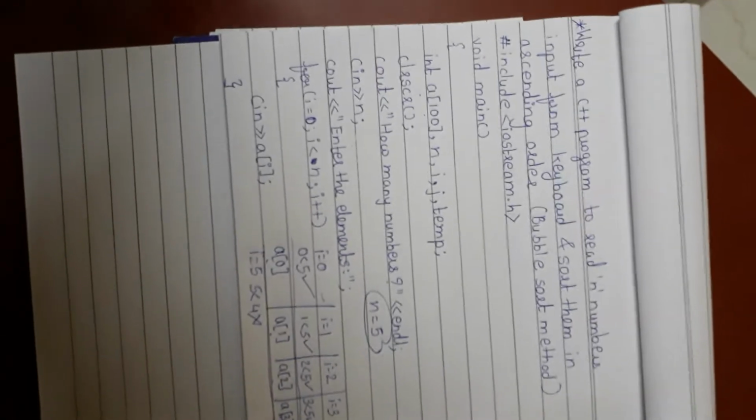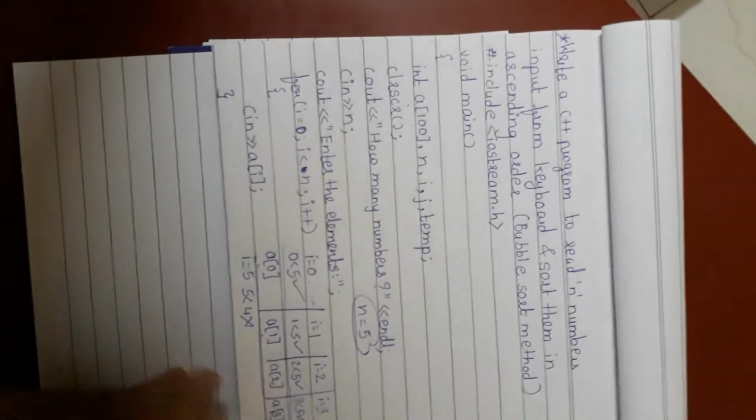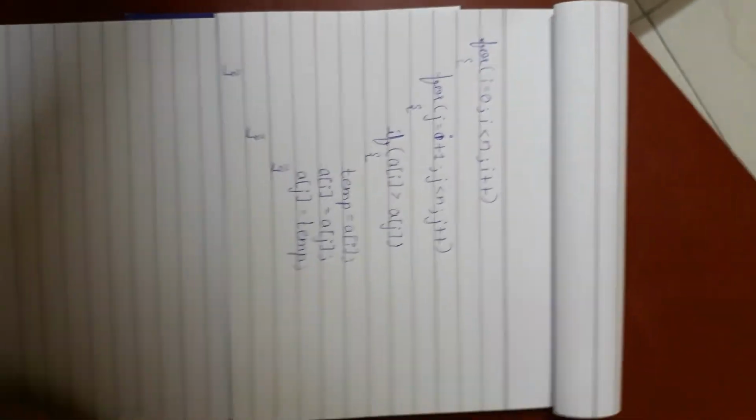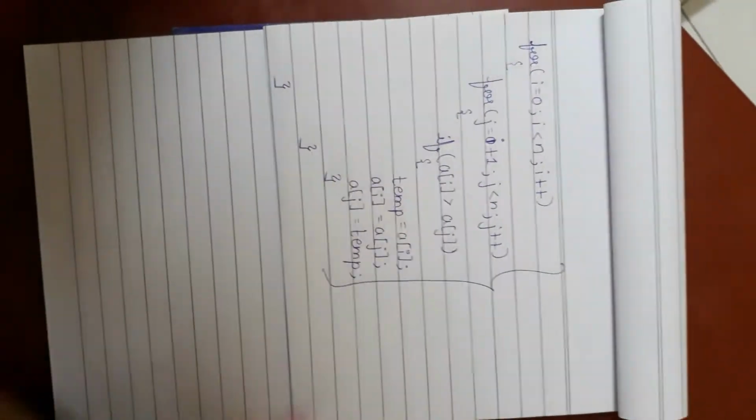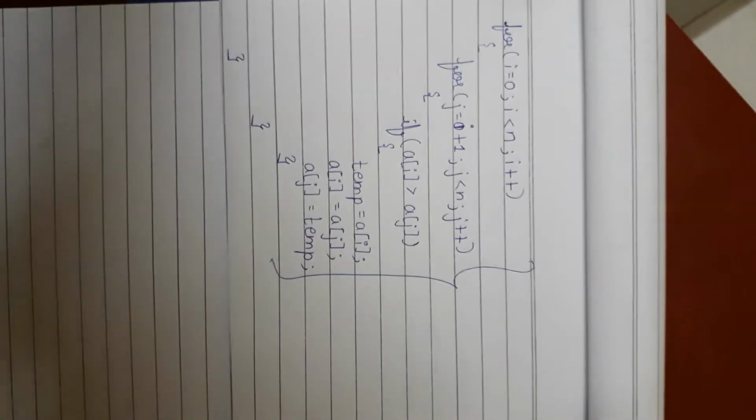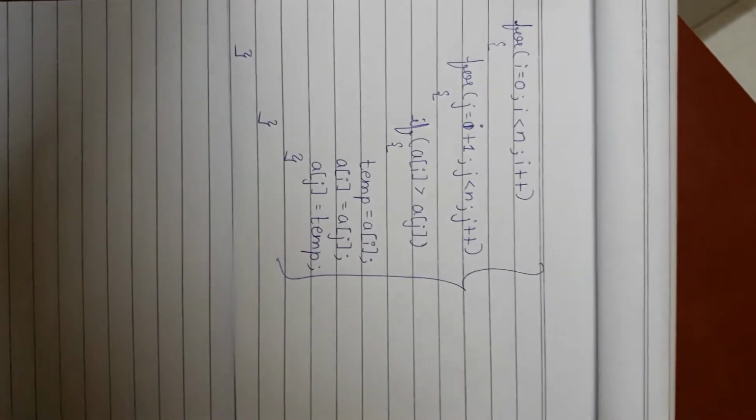This much code we have written. Now I am switching the page, because this particular program is a 2-page program. This is the basic logic we have implemented, and this logic will definitely give us the proper result.